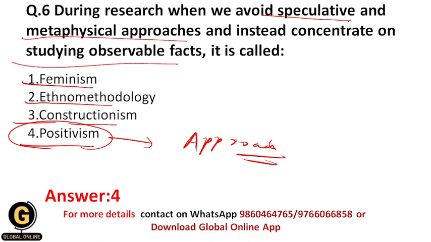And in positivism, no one depends upon intuitive approaches, no one depends upon heard things. Our results are basically based upon proper evidence, or you can say on studying proper observable facts.